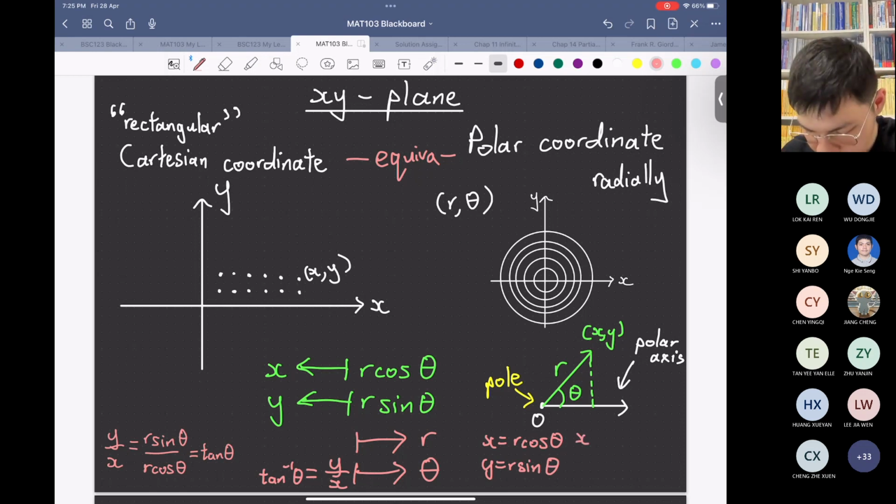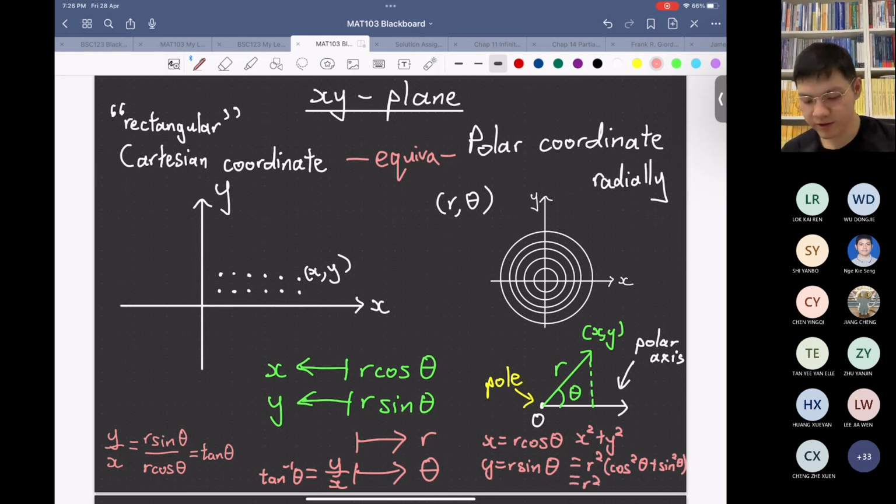If you take x squared plus y squared, you get r squared times cos squared theta plus sine squared theta, which is just 1. So it is r squared. So x squared plus y squared needs to be r squared. In that case, if you take the square root, you can find your r.